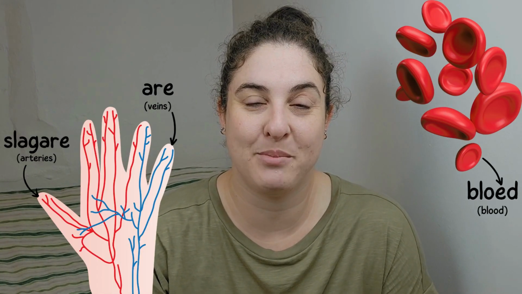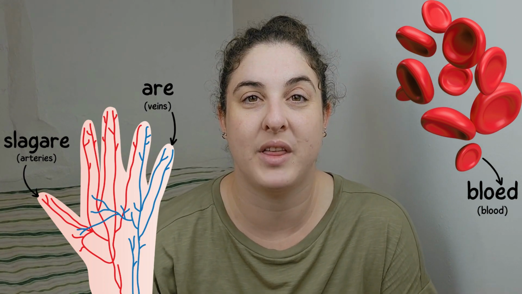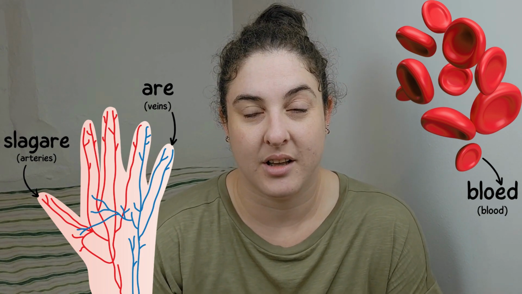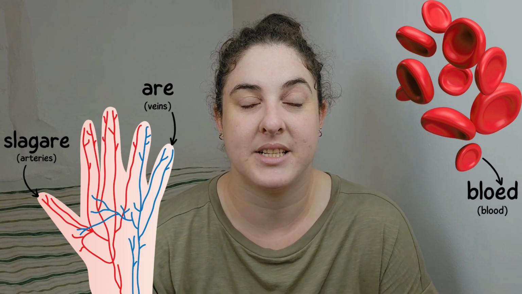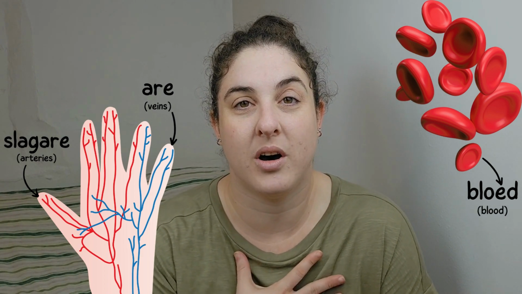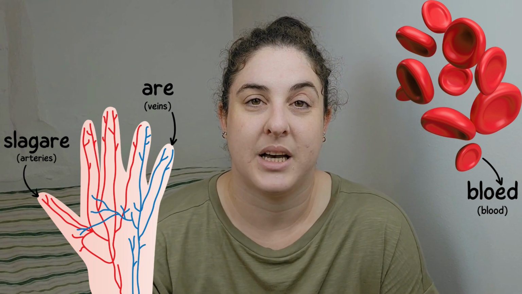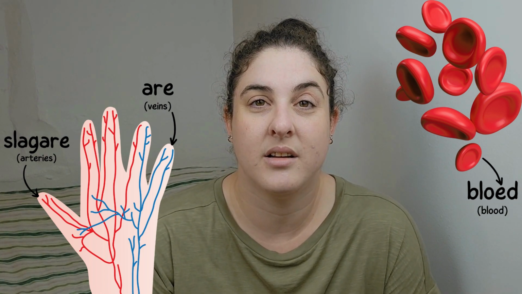Alright, so in this clip we have 2 pictures. Let's start with the picture on the left, the picture of the hand, showing veins and arteries. Arteries are in red, and those are the ones that take the blood from your heart to the rest of your body. And arteries in Afrikaans, we call them slagare.